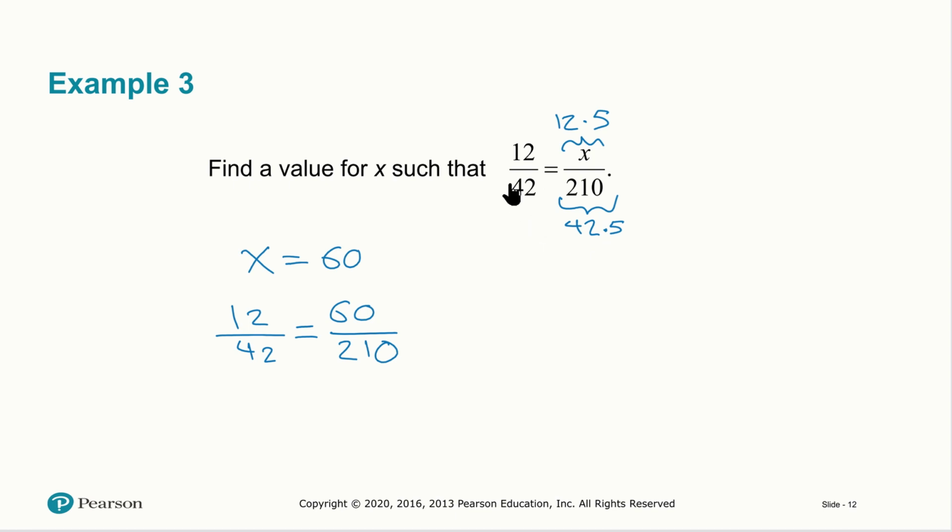Maybe we have to multiply 42 by some complex fraction to be able to get to the number over here on this side. So we'll be able to handle all that once we learn more about proportions and the principle of cross multiplication. So make sure you can handle a simple problem like this before we proceed.